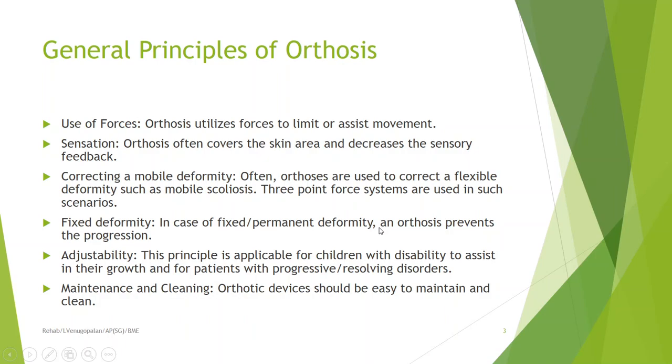It has occurred and it cannot be reversed. In such cases, an orthosis prevents the progression, right? It does not result in further damage from what has already been done.